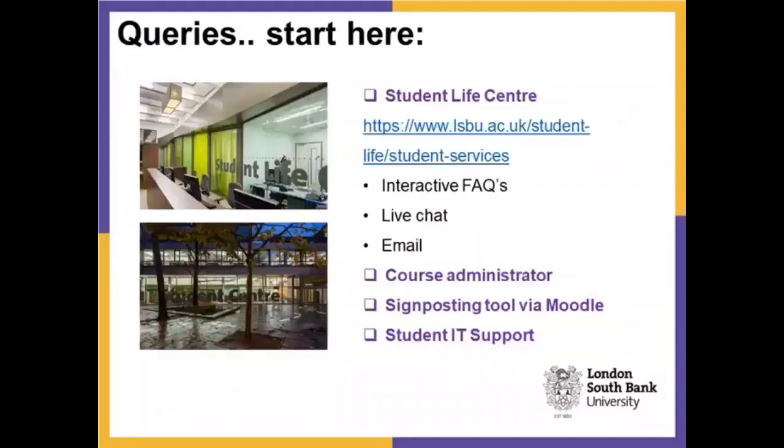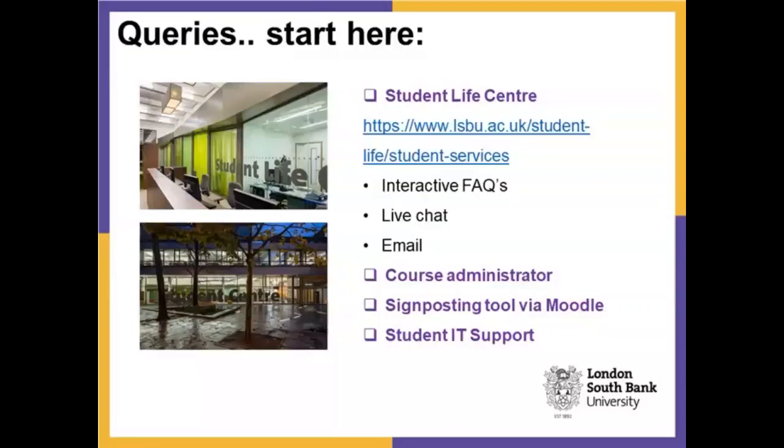Next slide, please. So there are a number of support services available to you during your studies here, but it can be quite daunting when you first start. But we have the Student Life Centre. This acts as a one-stop shop, and it provides support for non-academic matters such as accommodation, careers advice, or financial advice, and it can also support you with your academic matters.